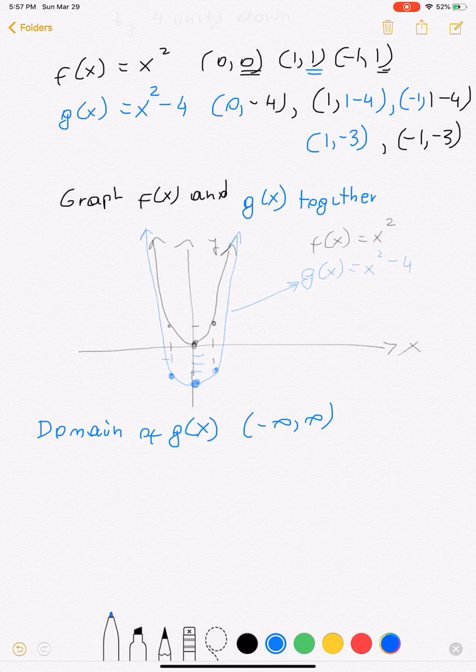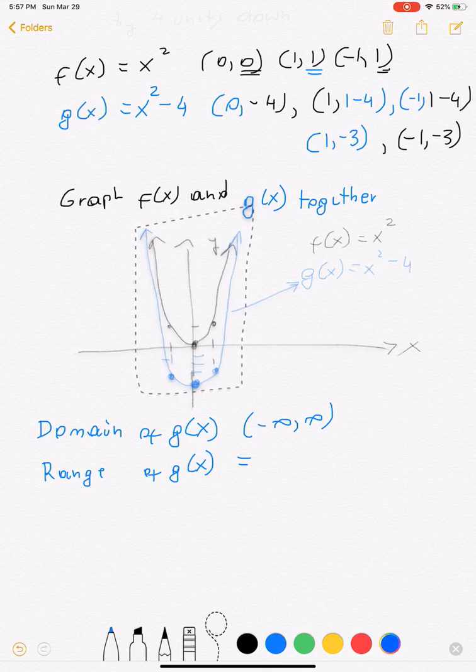And the range of g of x, that's the y values. Like you see, this is your function g of x. The first point of g of x is 0, comma, negative 4.